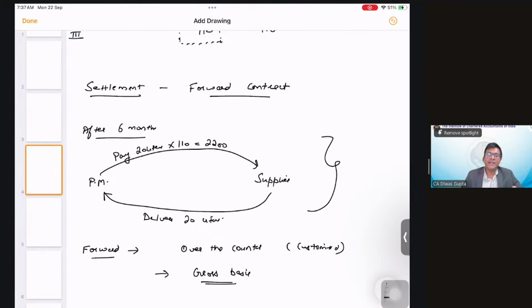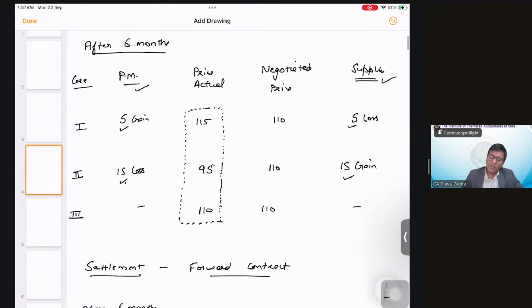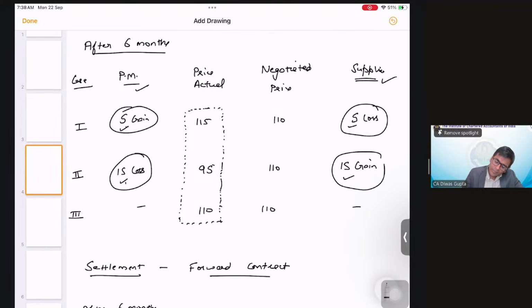Where the material was being received and payment was being made. But in case of futures, this net amount will be settled. In case of a gain to the procurement manager, the amount will be received by the procurement manager from the supplier. In case of a loss to the procurement manager, which is the second case, the amount will be paid by the procurement manager to the supplier.